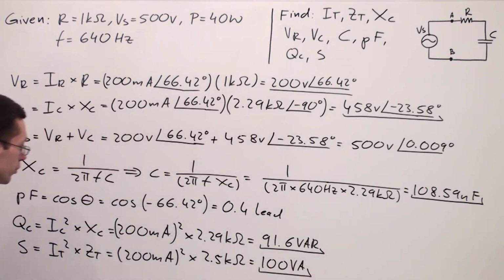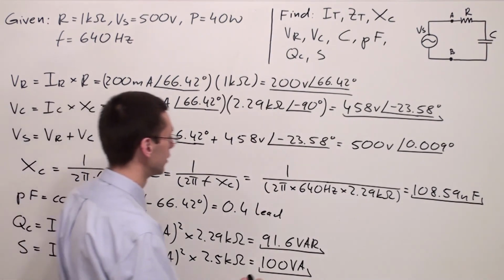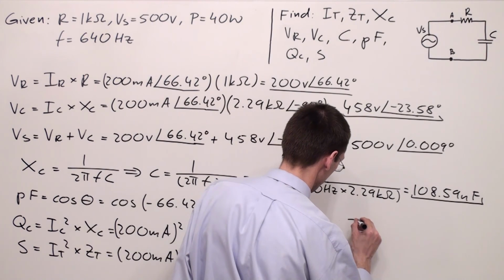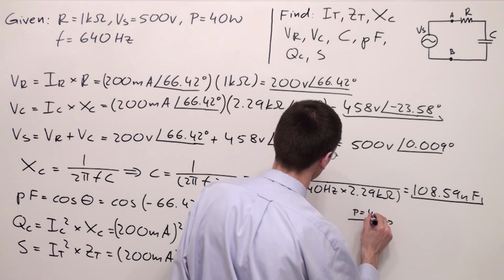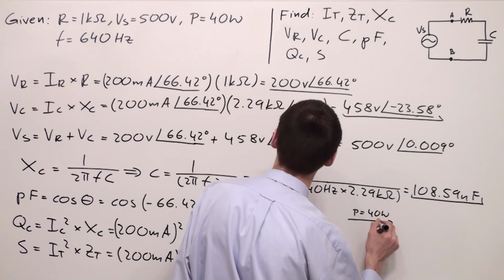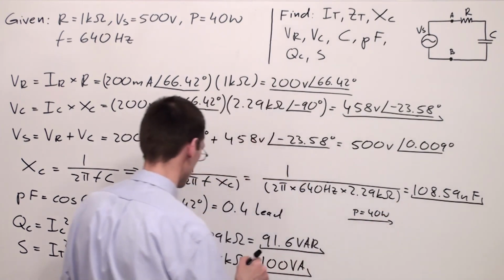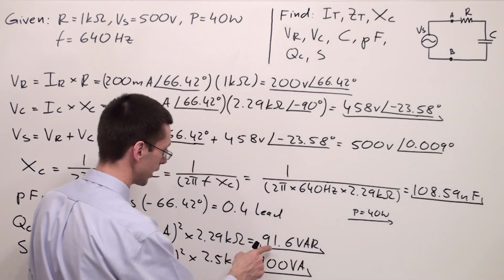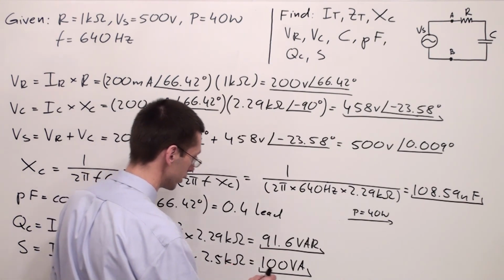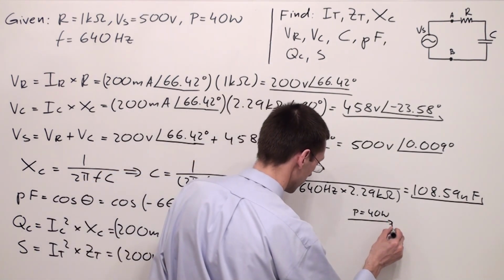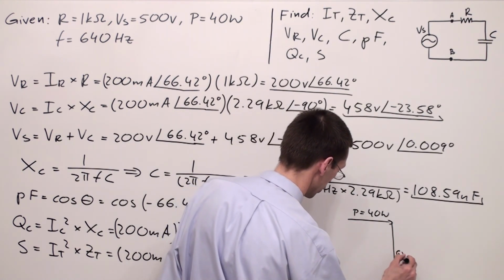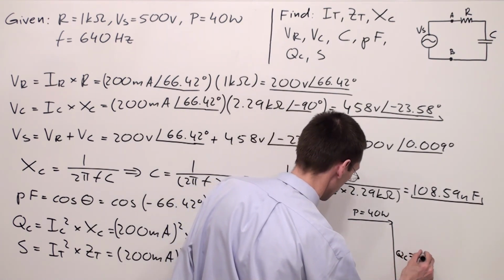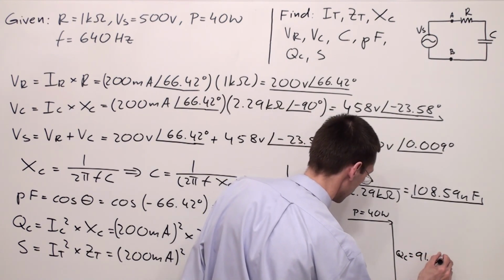Okay, if you want to draw the power triangle, you're supposed to simply draw the true power. P is equal to 40 watts. QC is equal to 91.6. I'm going to make this a little bit longer. So this is QC equals 91.6 VAR.